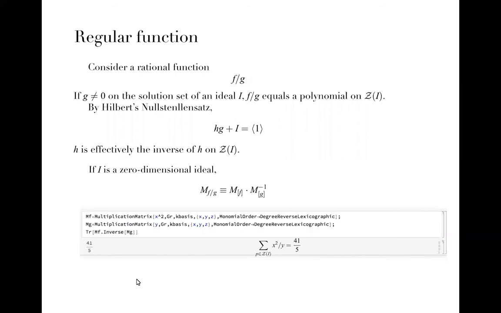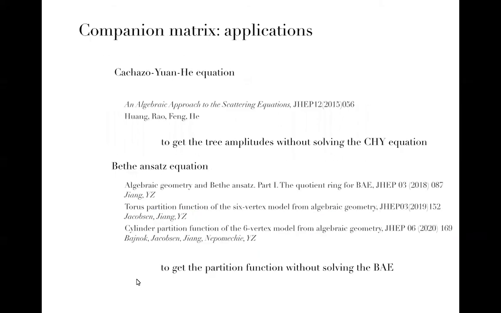So with this kind of technique, there are several papers about the application of a companion matrix or zero-dimensional ideal to convert some kind of high degree multivariate polynomial problems to linear algebra problems. Of course, it's a very good paper. Here you can see one algebraic approach to the scattering equation.